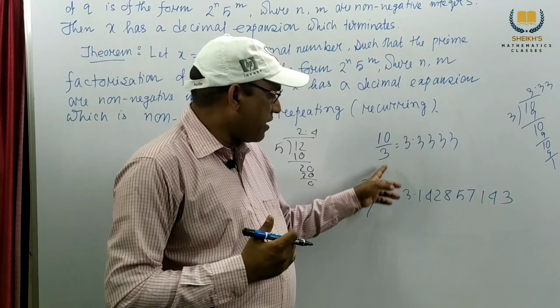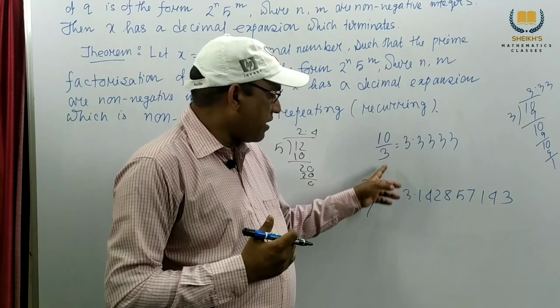Now let us consider an exercise. Now we consider one interesting exercise, exercise 1.4. The problem given: without actually performing the long division, state whether the following rational numbers will have a terminating decimal expansion or a non-terminating repeating decimal expansion.